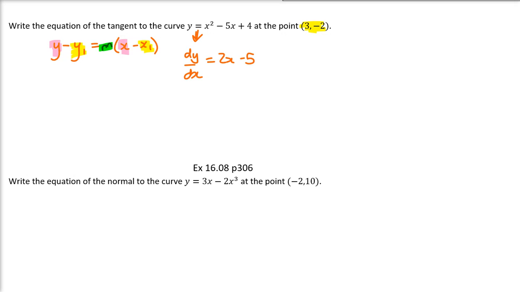So therefore, at x equals 3, dy by dx is equal to 2 lots of 3 minus 5, which is equal to 1. Yeah, 1. Right? x equals 3.